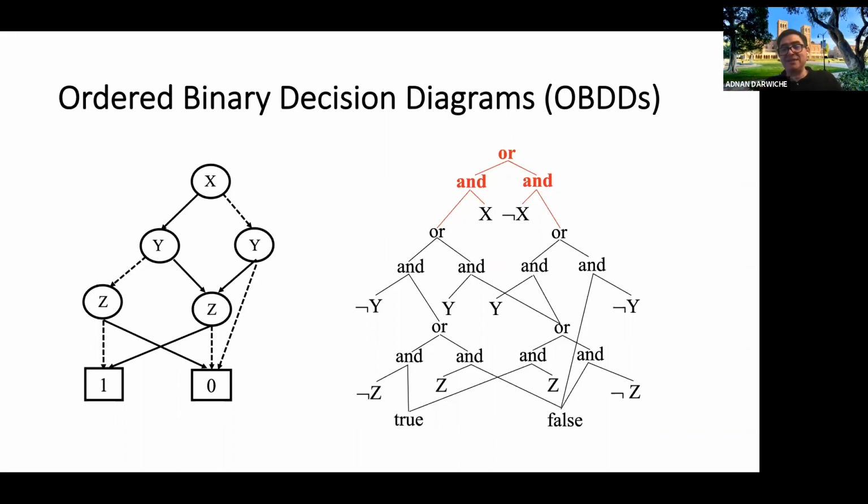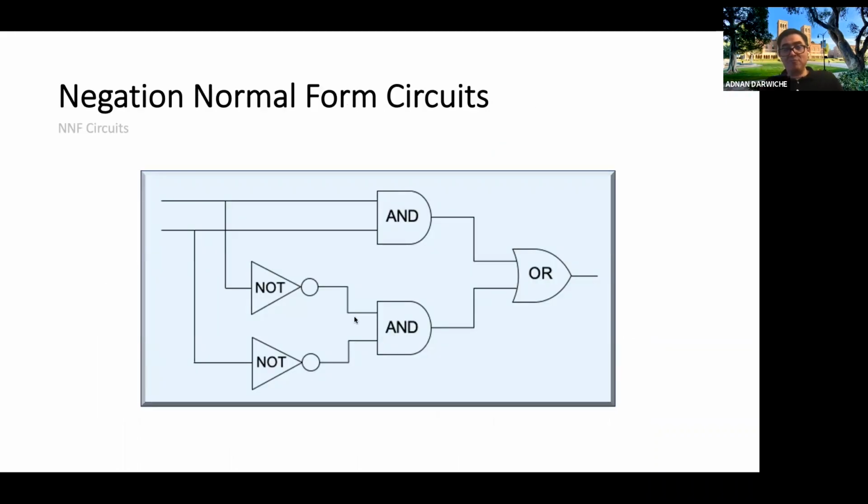Tractable means that this circuit satisfies certain properties that make some of these questions easy to compute. And you're going to see there is a whole spectrum of questions and a spectrum of properties. OBDDs, when you map them into these circuits, end up satisfying a whole bunch of properties. They end up making many queries tractable, and that's why they're interesting. We're mostly working with what we call negation normal form circuits. They look like this.